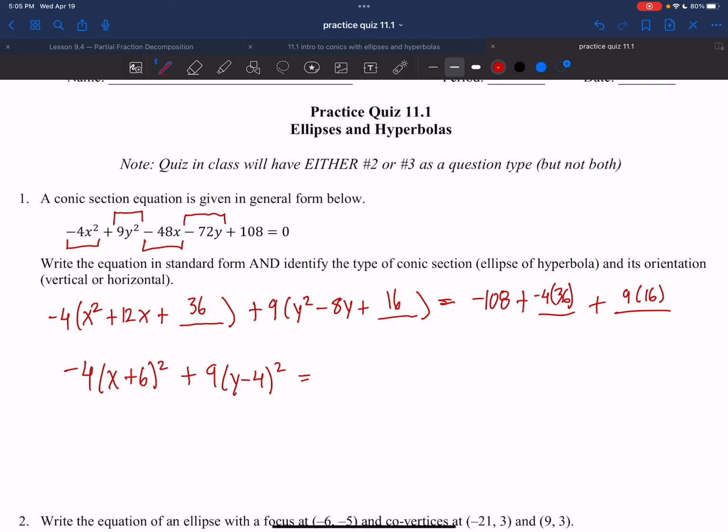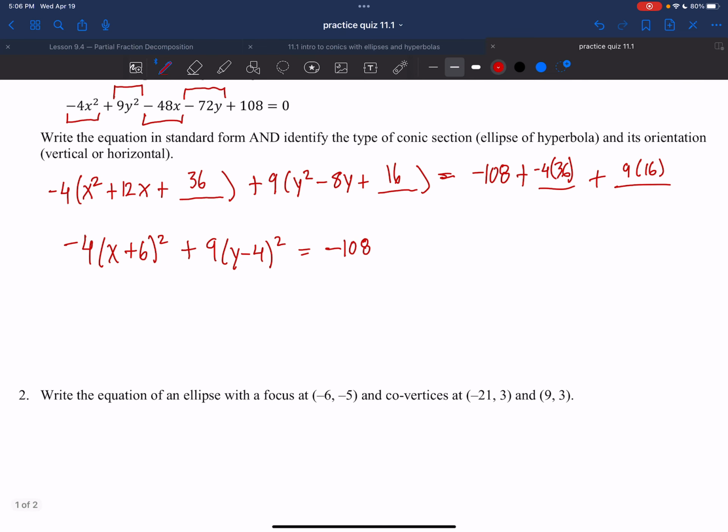And isn't that also 9 times 16? Oh, so those cancel, which means this is negative 108. Is that right? 4 times 36 is 144. 9 times 16 is 144. So, yeah, those cancel, and that's negative 108.